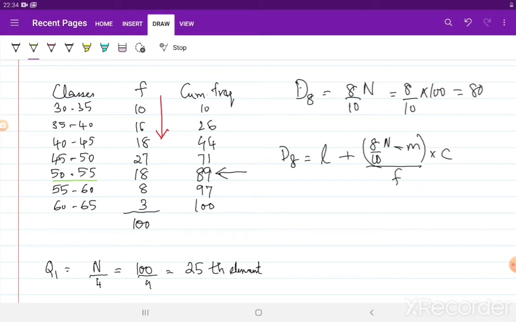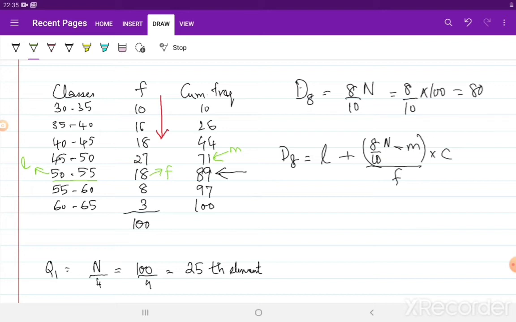So let me show you. 50 to 55 is my D8 class. So 50 is the lower limit of that class. 18 is the frequency corresponding to the D8 class. M is the cumulative frequency up till the D8 class, which means 71 is my M. The size of the class interval C, as usual, will be 5 in this particular question.